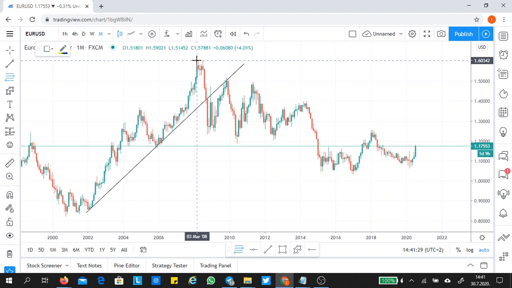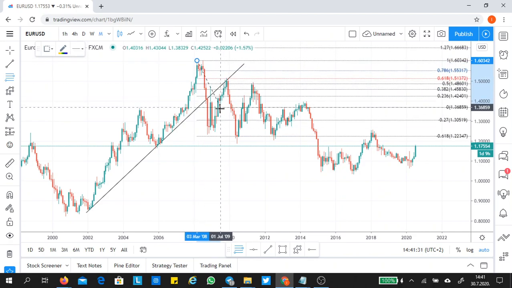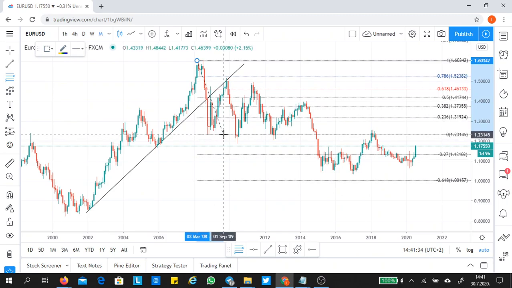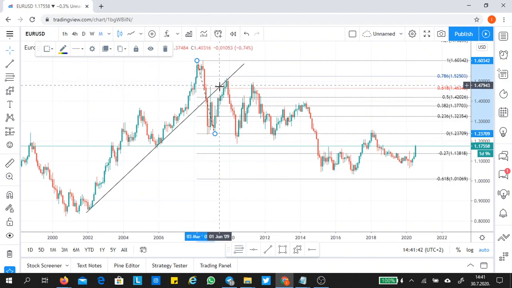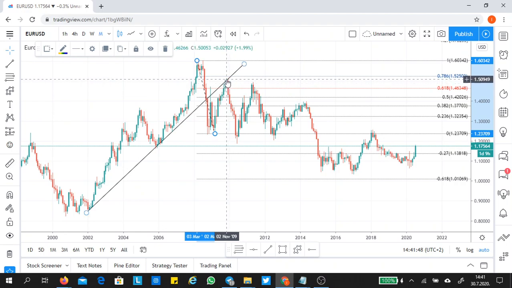If we draw a Fibonacci from the top to the bottom here, we will see that the price is rejecting the trend line, so it's retesting the trend line, and also it's stopping almost nearly at the 78.6 retracement level, which is a very important retracement level.